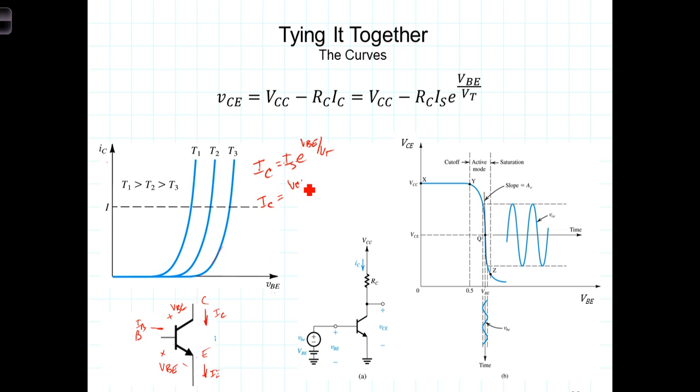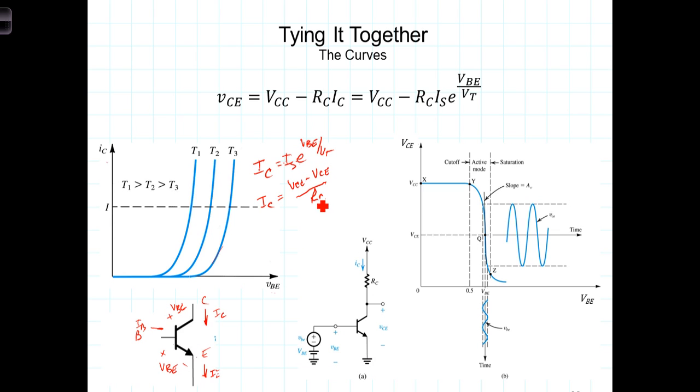Thus we have two equations for I sub c, but you'll notice that they are of a different nature. This expression here is the exponential relationship between I sub c and VBE, which we derived for the transistor itself, and this I sub c is a function of the surrounding circuit.